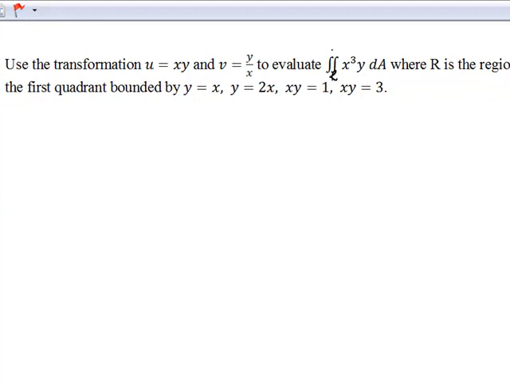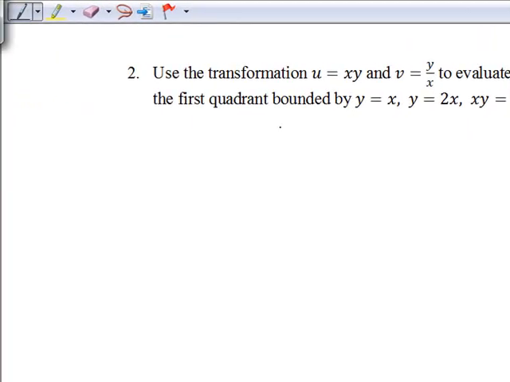So our transformations are u equals xy and v equals y over x. Let's transform this region and then we'll find the Jacobian, okay?